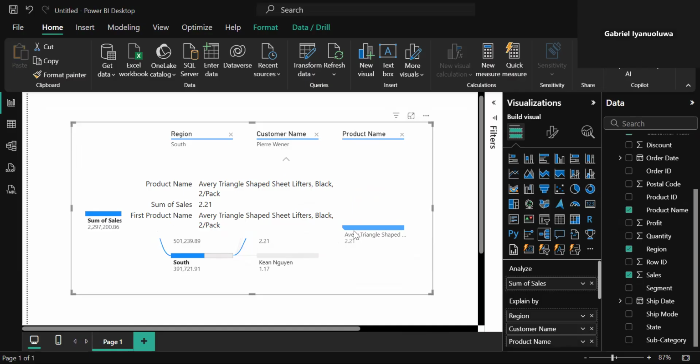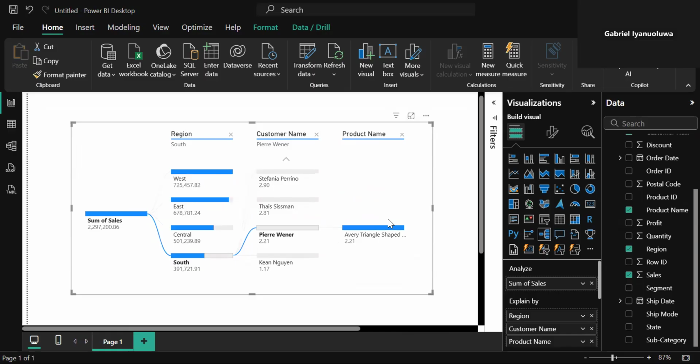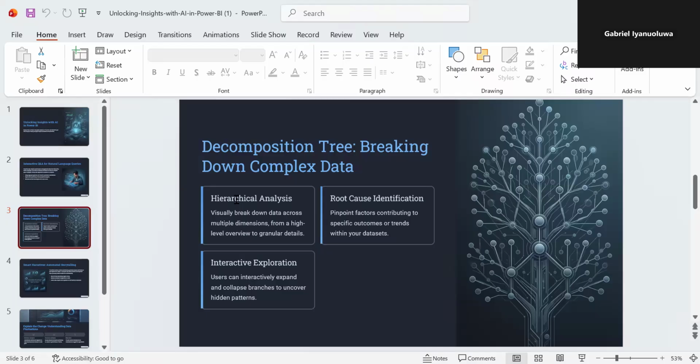And when we are working with a decomposition tree in Power BI, don't forget that the whole essence of this is to help us break down every complex decision, as we can see from here. It helps us with hierarchical analysis, to break down data across multiple dimensions from high-level overview to granular details, and also for root cause identification.